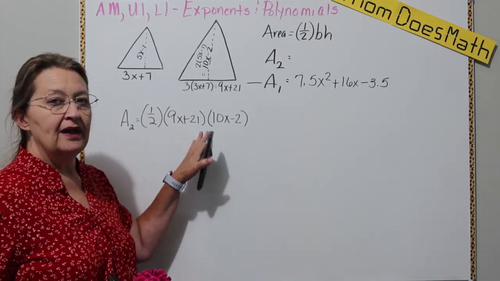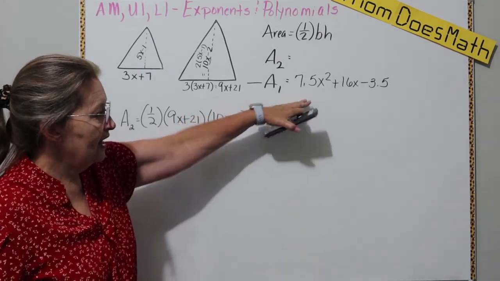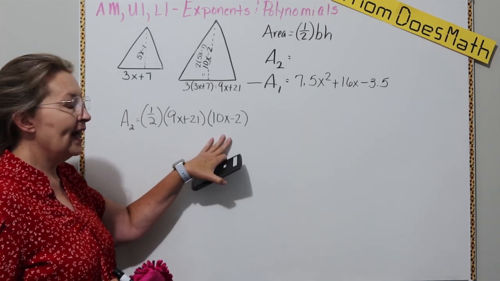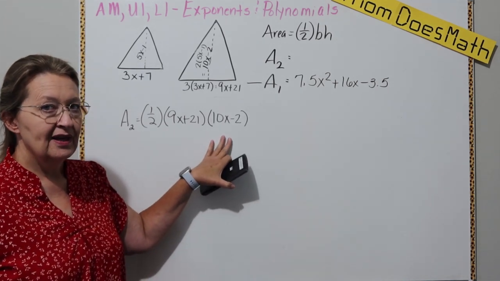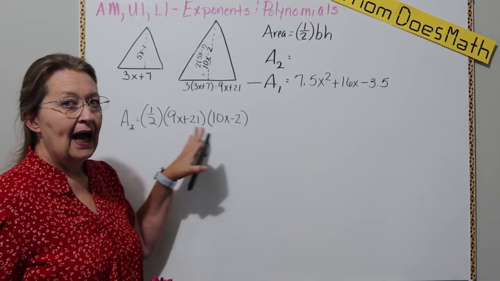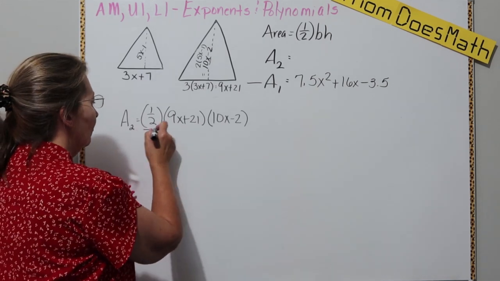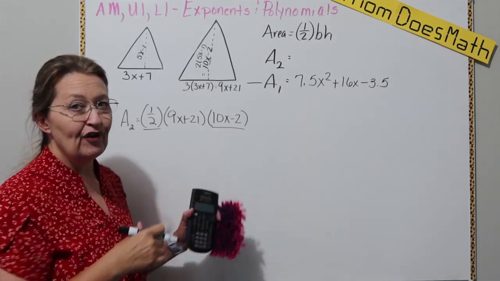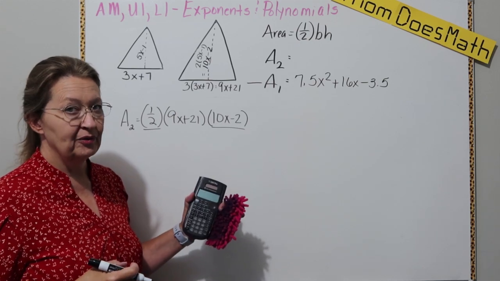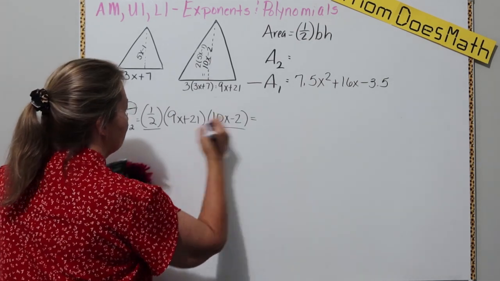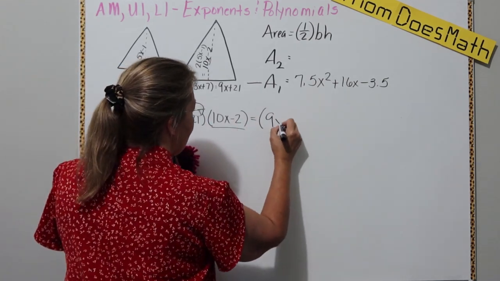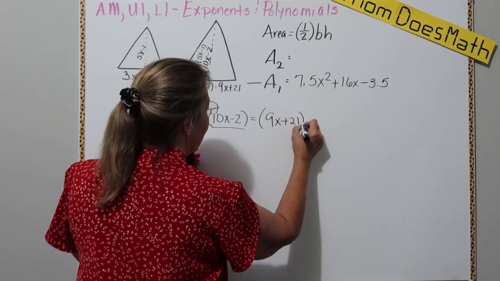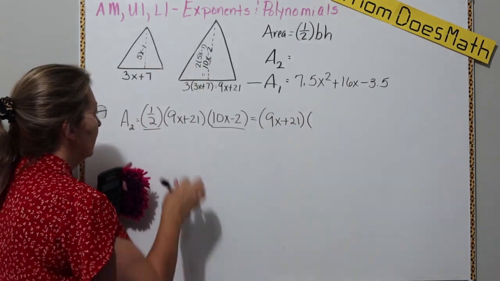This one is different. In the last area, I didn't have a binomial that had even numbers. This time I do. I can go ahead and multiply the 1/2 times this binomial, and that's going to get rid of the fraction and just leave me whole numbers. So let's do that first. Now I'm going to save 9x plus 21 till the end.